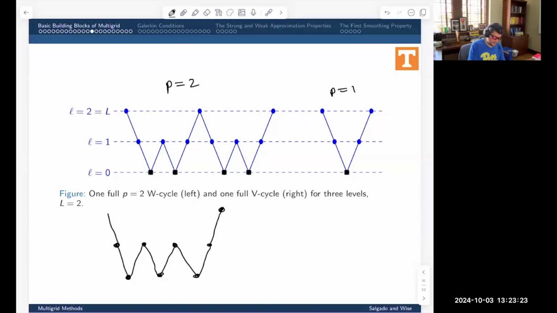So this is P equals 1, P equals 2, P equals 3 for the level L equals 1. But now we've only executed P equals 1 on the finest level, so we've got to do another one down. And you can see it's a more complicated W shape.